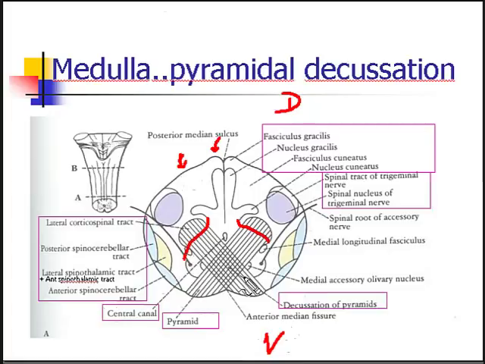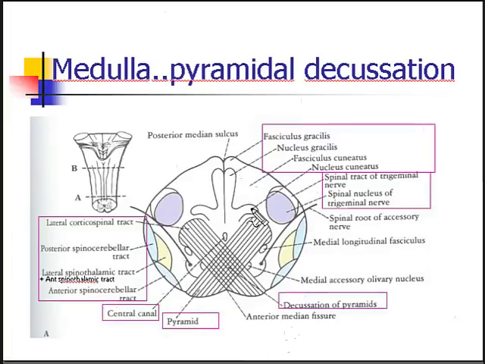Now let's see what nuclei we will see at this level. The first, and I'm going to follow your notes, is nucleus gracilis and nucleus cuneatus. So here it is, the nucleus gracilis and the nucleus cuneatus.